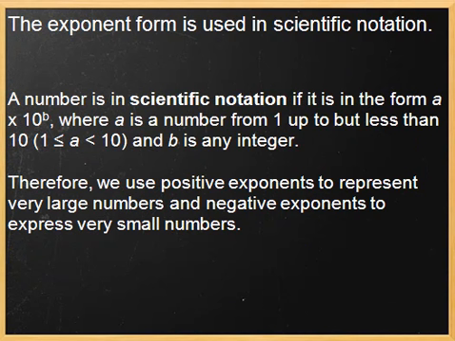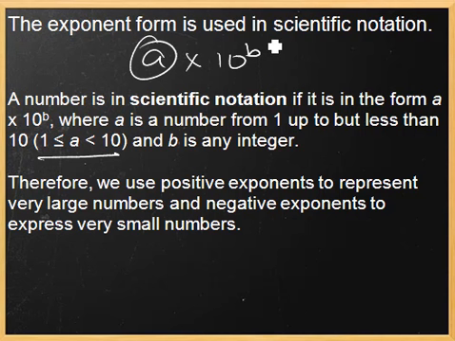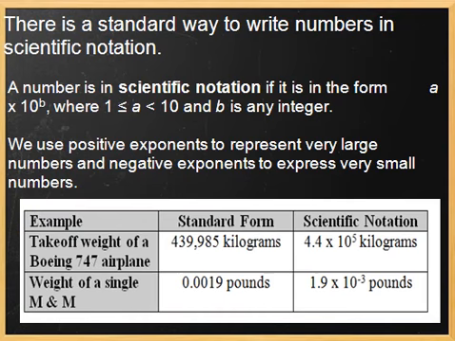In scientific notation, we can express a number in the form a times 10 to the b, where a is some number from 1 but less than 10, and b is some integer. For example, the takeoff weight of a Boeing 747 is 439,985 kilograms.